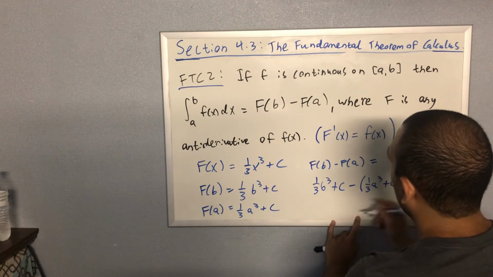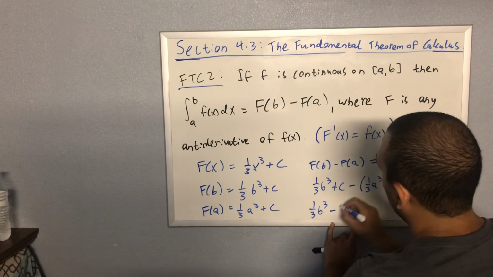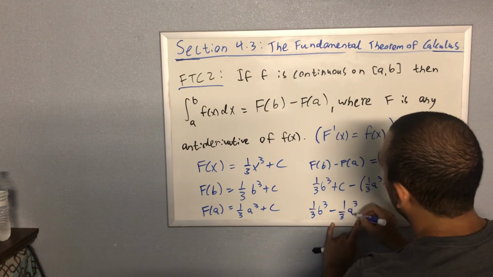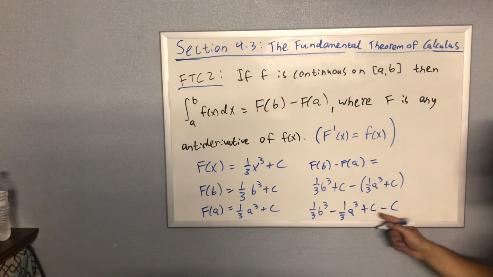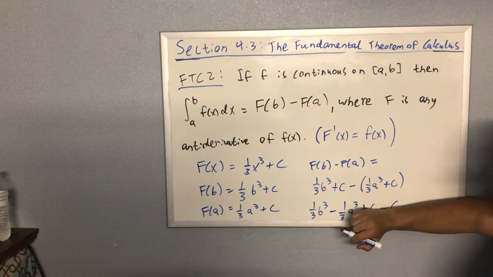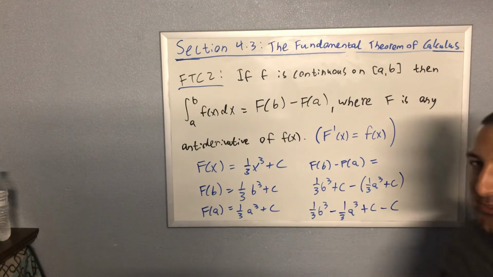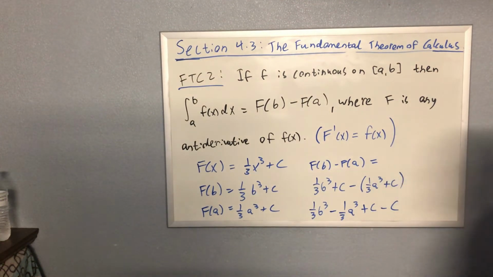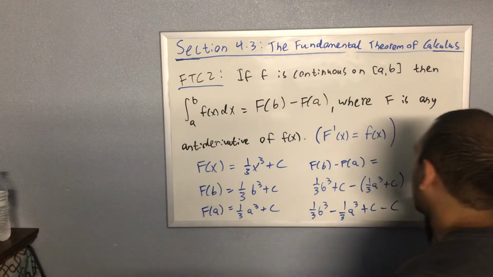When you distribute the minus sign, you get minus 1/3 a cubed, and then plus c minus c. So the constant just cancels out, and you're just left with this again. The constant doesn't matter, so you might as well take it to be 0, to save you some hassle and time.